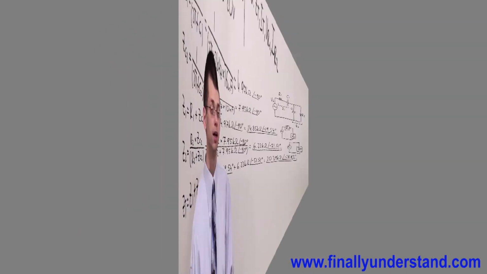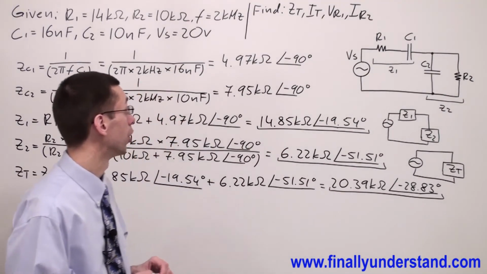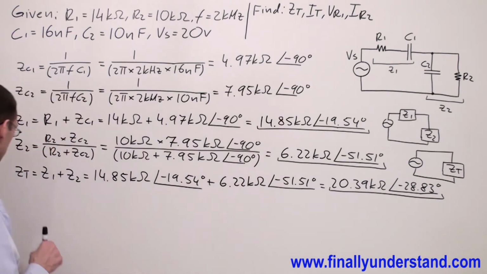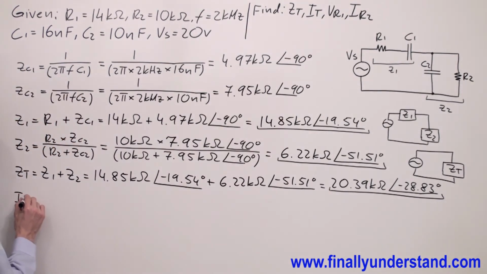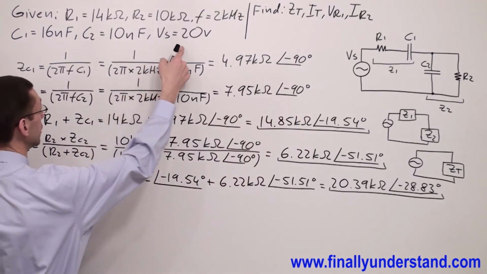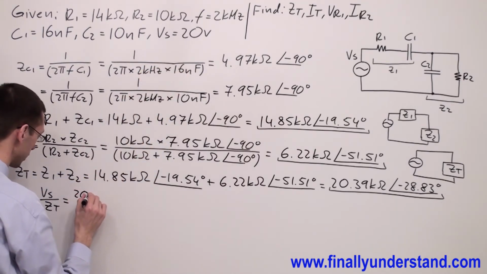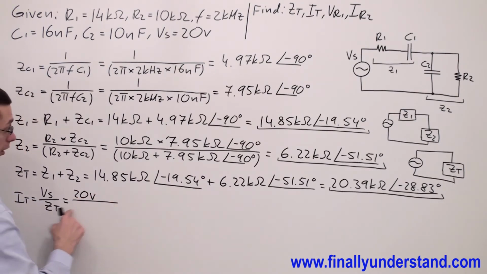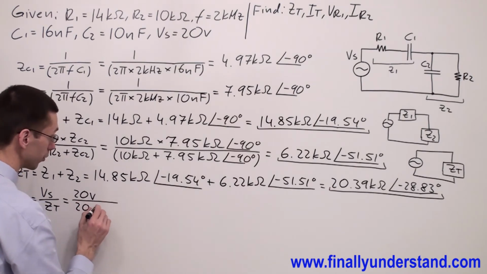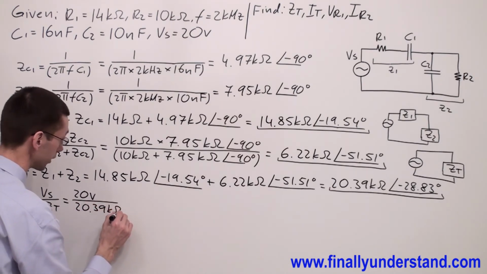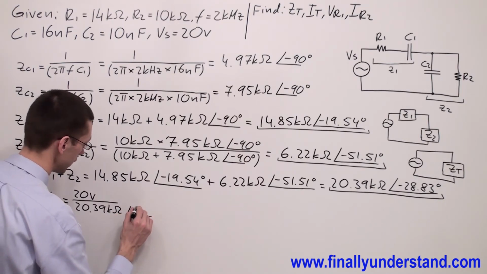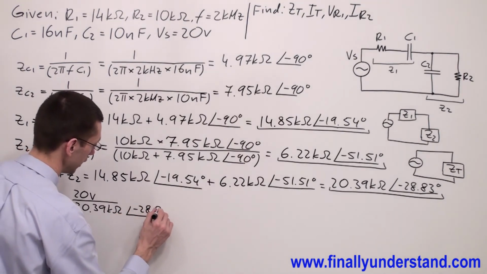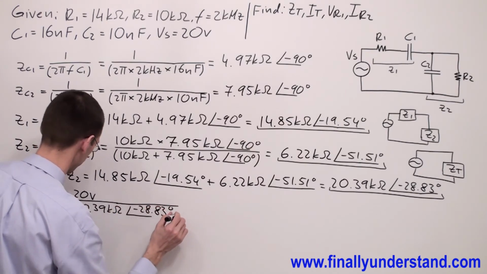Okay? Now, using Ohm's law, we are going to find I total. I total is equal to the voltage source over Z total, where the voltage source is equal to 20 volts. Remember, anytime the angle is not given, it means there is an angle of 0 degrees. And we have Z total, 20.39 kilo ohms, an angle of negative 28.83 degrees.